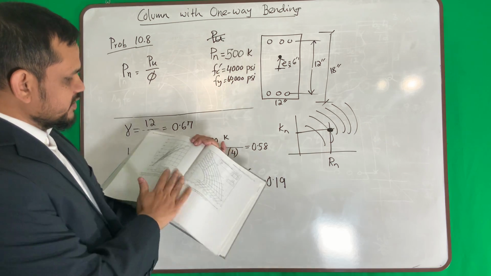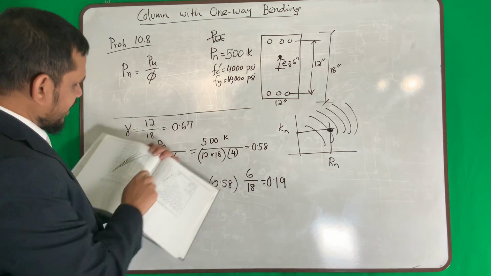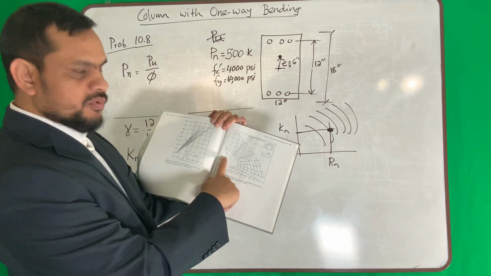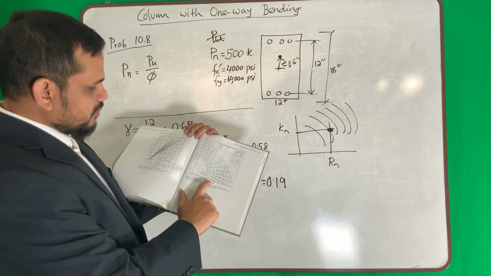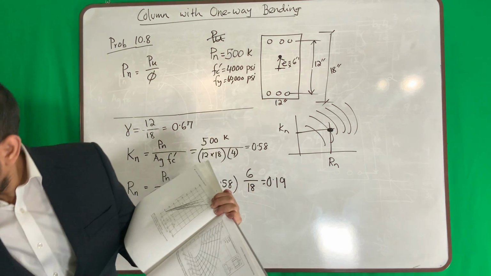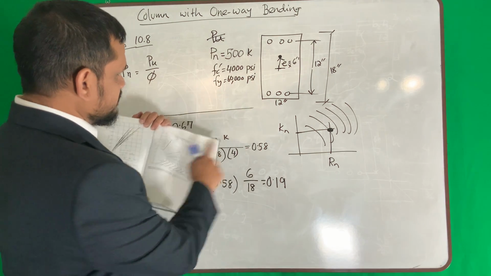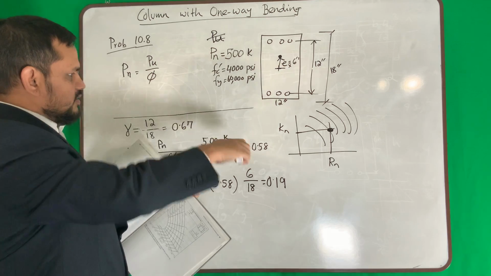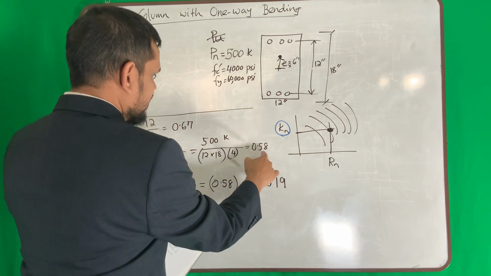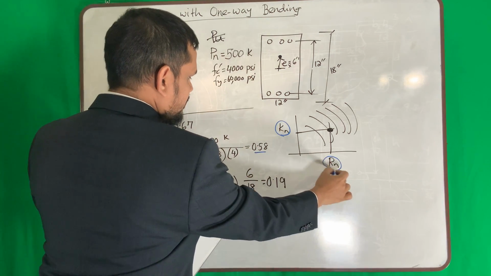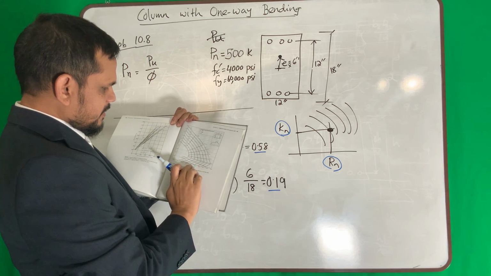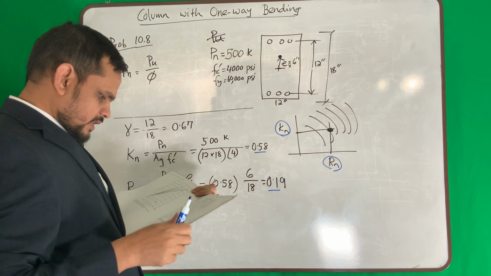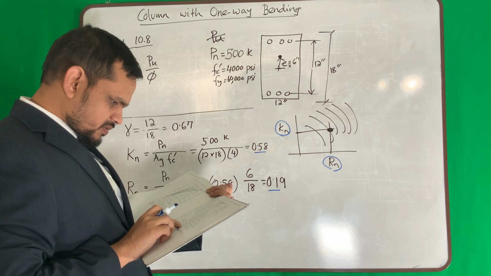So if I use the first one, Kn 0.58 is roughly close to 0.6. This one, 0.19, is close to 0.2. So if I use this chart, this will be 0.58, this will be 0.19.